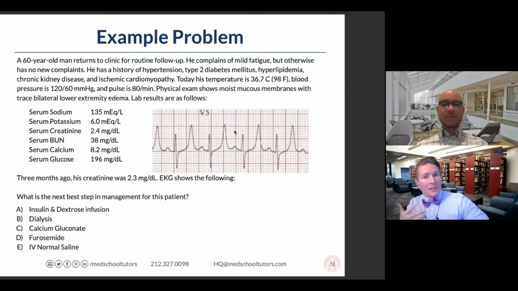One extra thing I want to throw into this question is that this is a person who has heart failure and a bunch of other problems. What kind of medication might this person be using that would make their potassium go super high, especially when their kidneys already don't work so well? Does anybody have any suggestions as to what we would have given this patient that would have led to his hyperkalemia? Ooh, I see two good answers already.